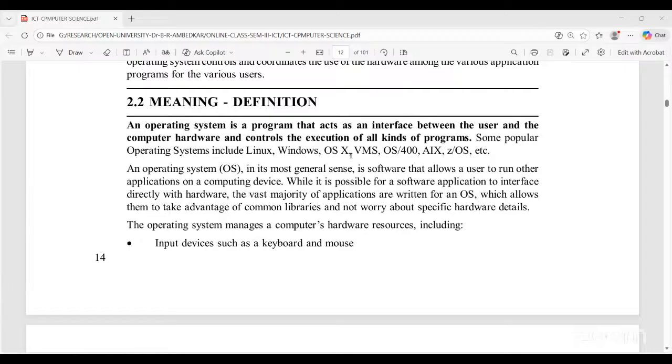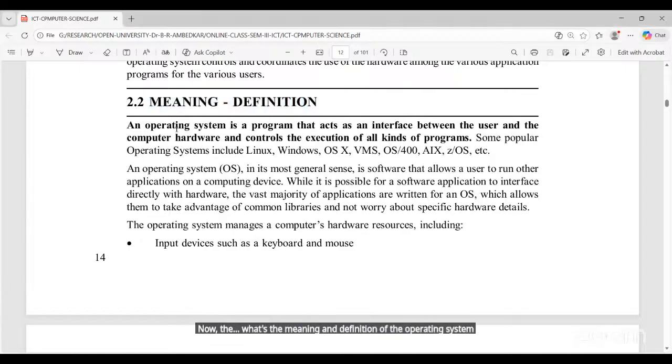Now, the meaning and definition of the operating system: an operating system is a program that acts as an interface between the user and the computer hardware.